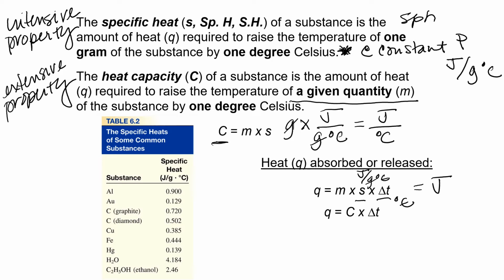Sorry, I'll erase that. Q can also be calculated by multiplying heat capacity by delta T. And delta T, of course, is calculated by subtracting T initial from T final.